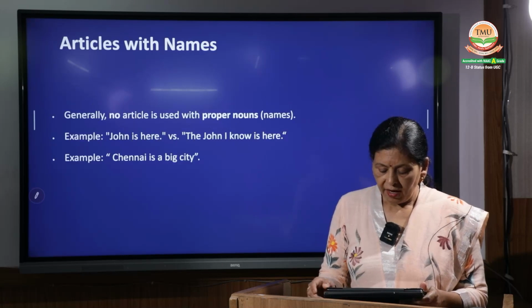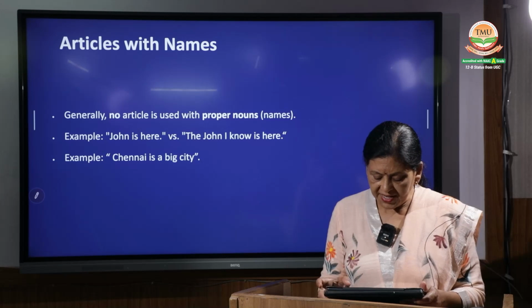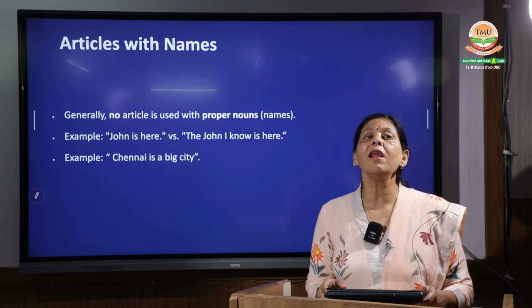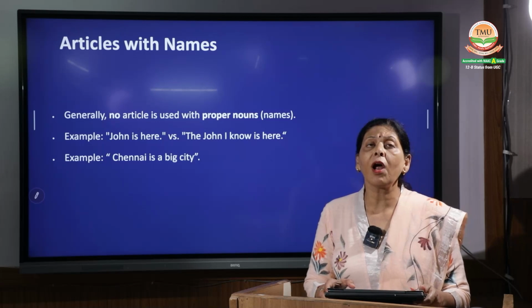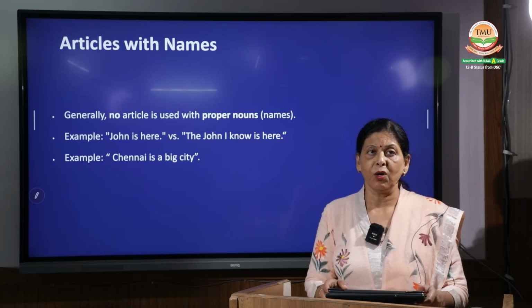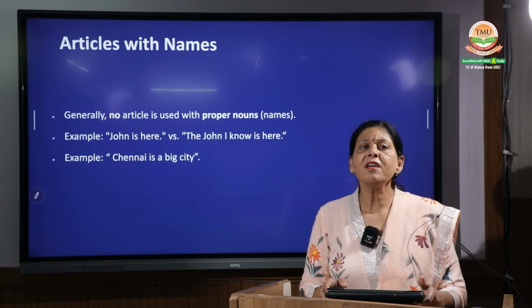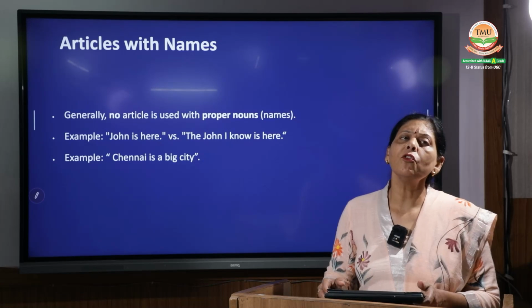Then, let's discuss articles with names. No article is used before a name, that is, before a proper noun. We don't say 'I went to a Delhi', or 'she is a Lucy'. We'll say, she is Lucy. I went to Delhi.